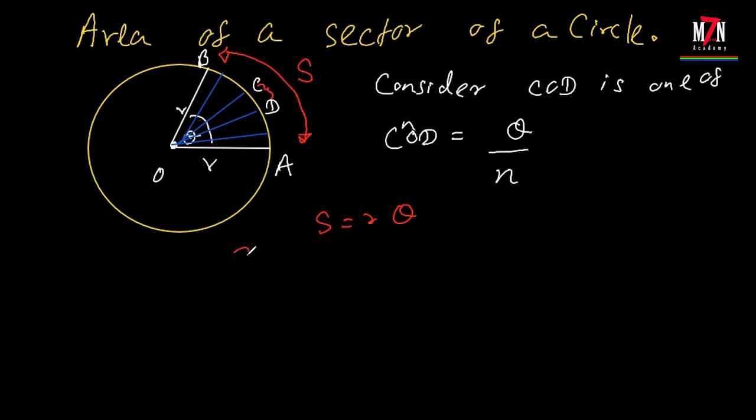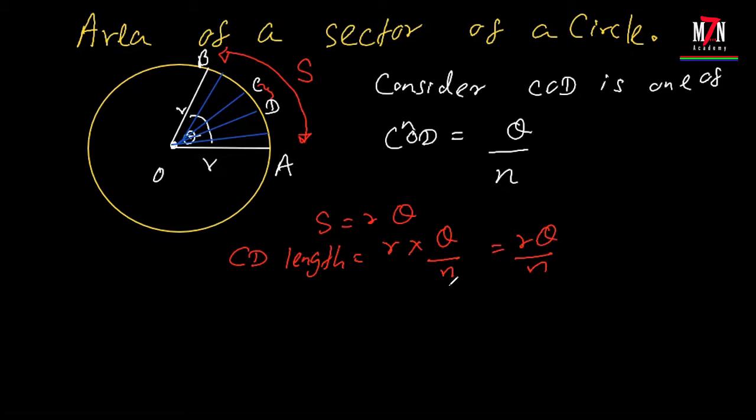So I will write CD length equals r into the angle COD, that is theta over n. Then r theta over n is the CD length. Now we need to think about this n value. When we take a larger and larger value for n, then CD becomes smaller and smaller.